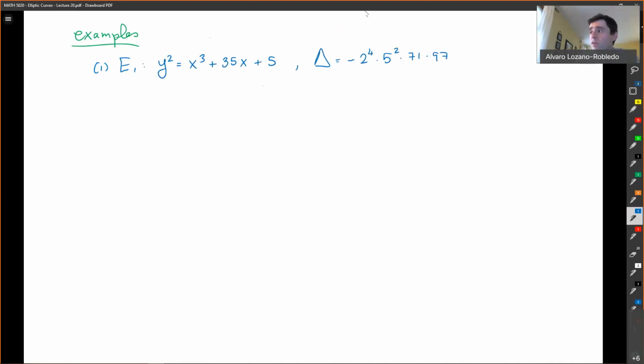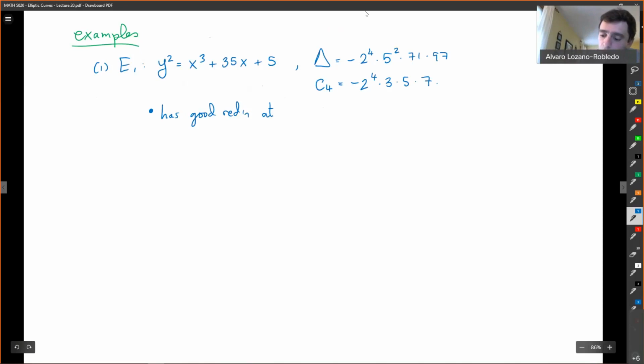Okay, so this is an elliptic curve over Q, but I'm going to consider it over Q_p for every p. And c4 is minus 2 to the 4 times 3 times 5 times 7. So E1 has good reduction at, for example, p equals 7, right?